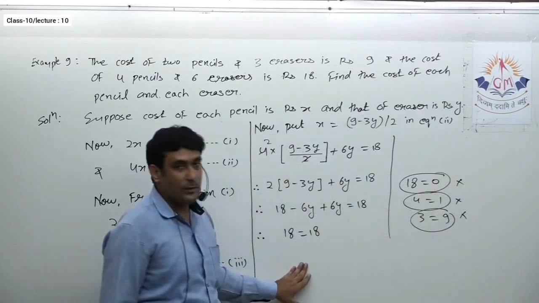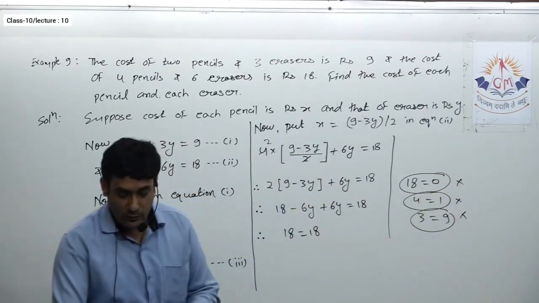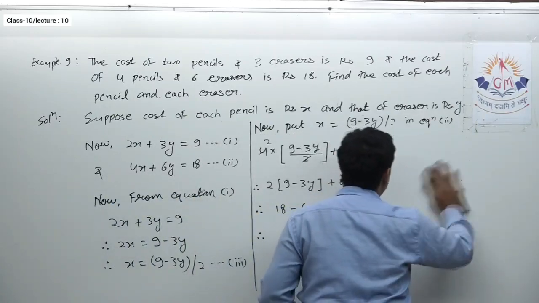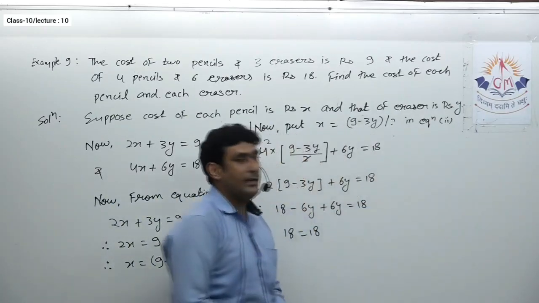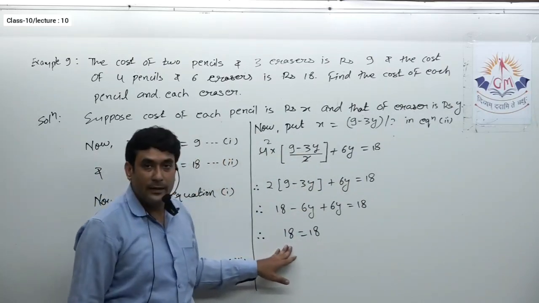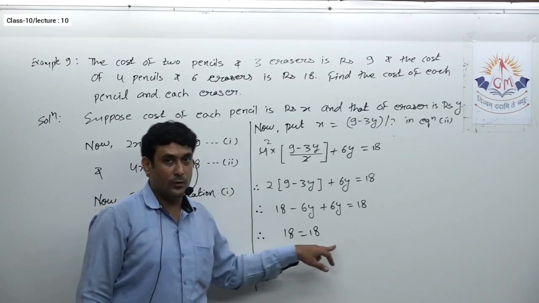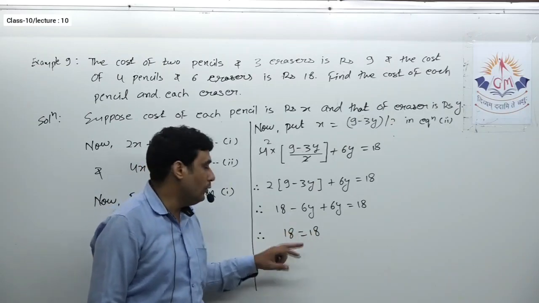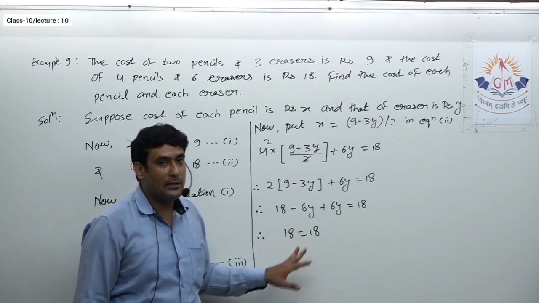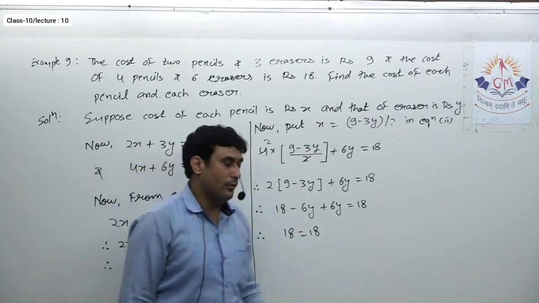If the statement is true, then we have to conclude that the given pair of equations has infinitely many solutions. I am repeating, if you get a statement which is true, 18 is absolutely true, so we have to conclude that the given pair of linear equations has infinitely many solutions.